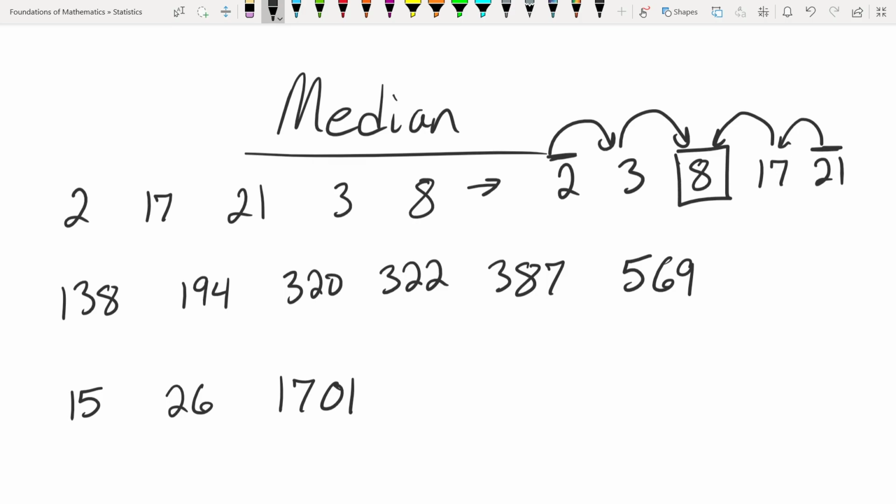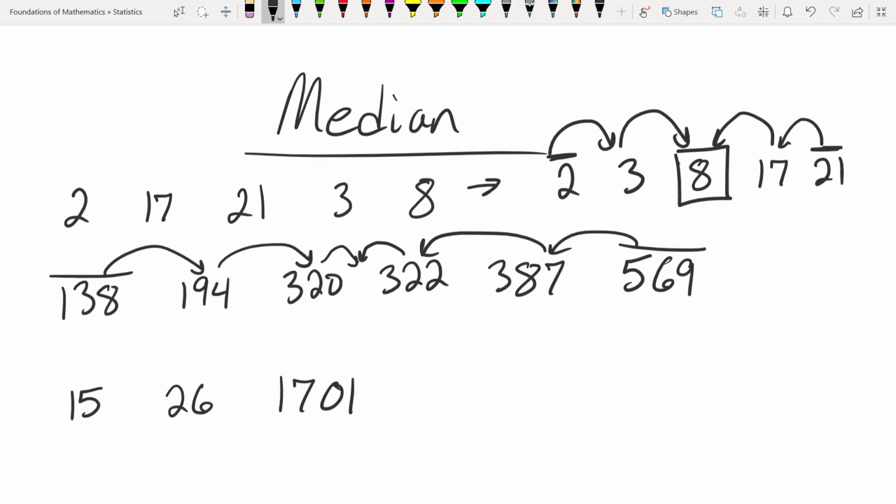In this next set, this is already arranged, so we can immediately start counting in. So we start here, count in one, in another one, in another one. And now you see there's no center number. So what do we do? We find the mean of the middle two numbers.